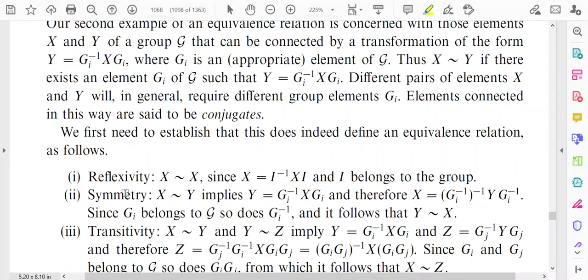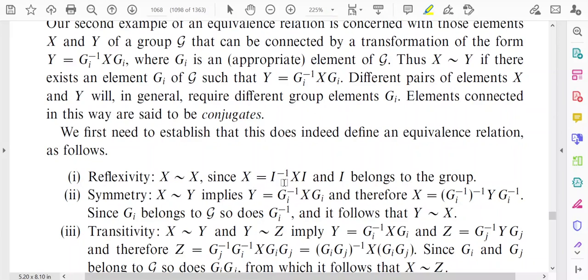First of all, there is reflexivity, that is, x is equivalent to x. Now this is the definition, y is equal to Gi inverse x Gi. Suppose both are x, and we choose the identity element from the group G, then we can write x is equal to I inverse x I.